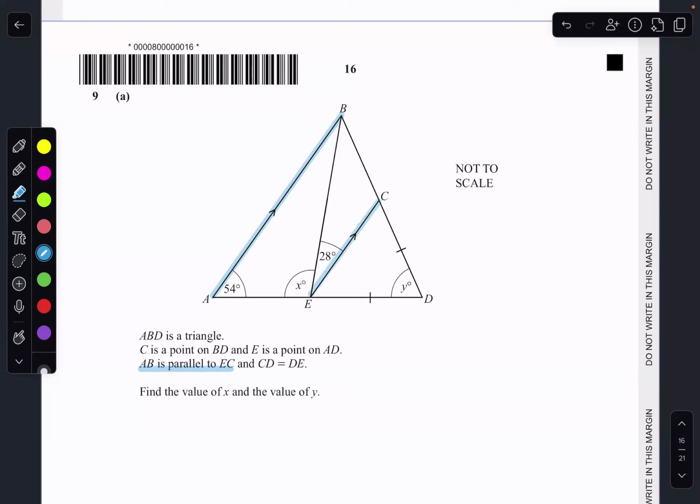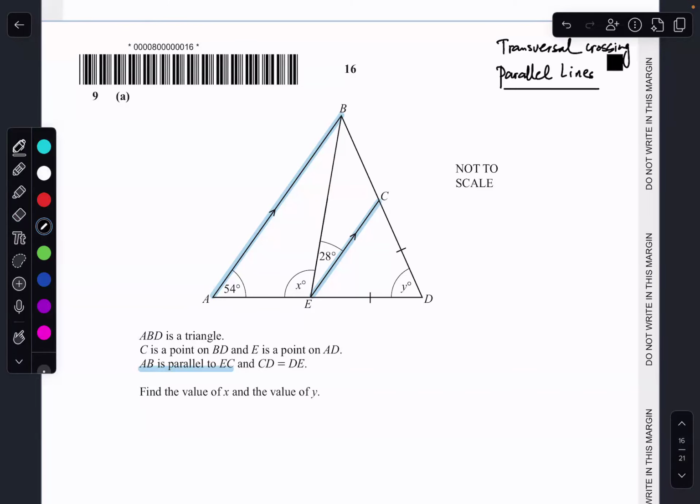Now, here comes all those angles which we studied with parallel lines and transversal crossing parallel lines. Okay.